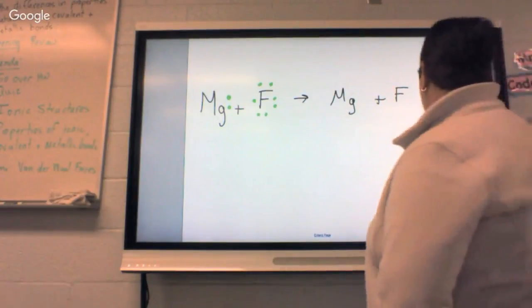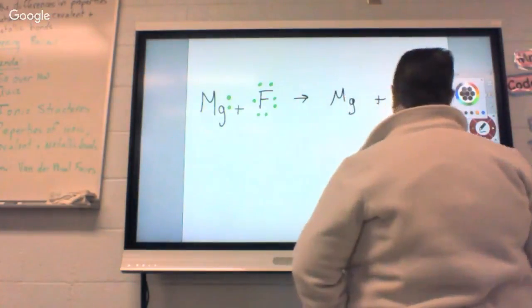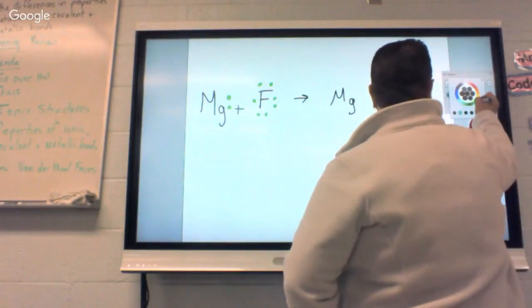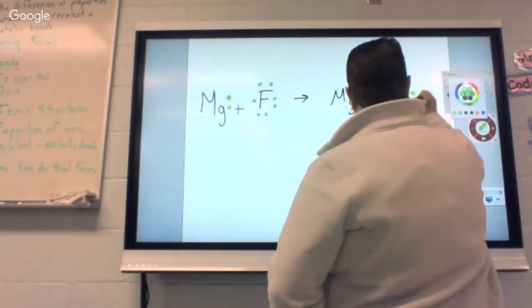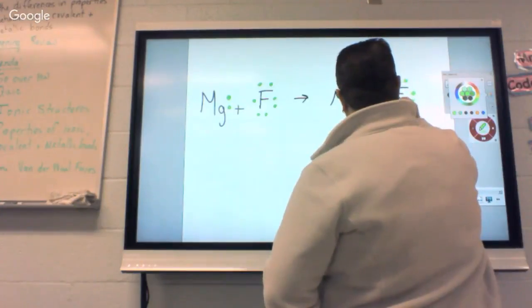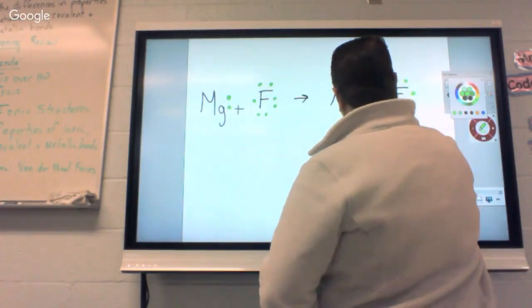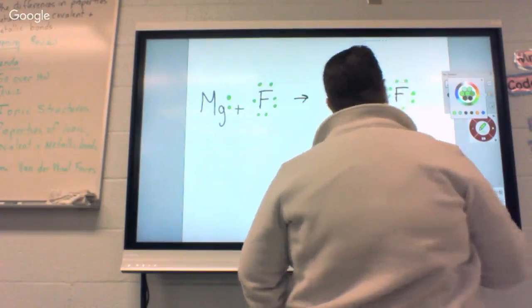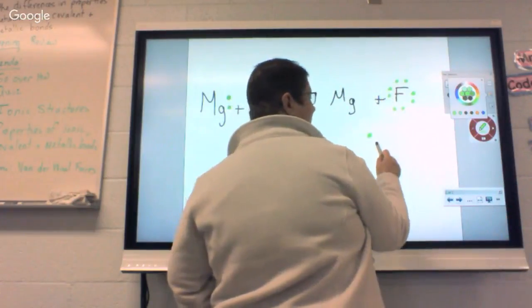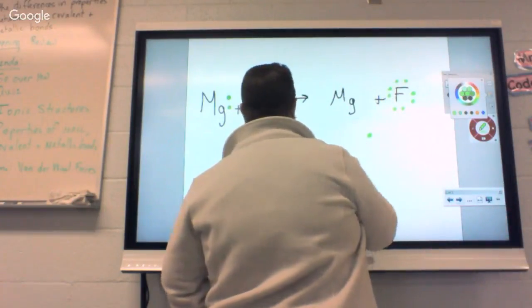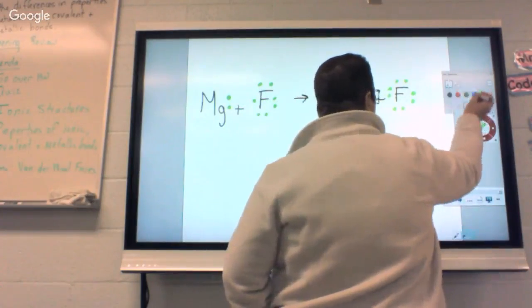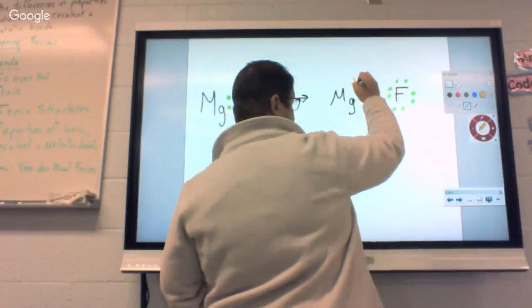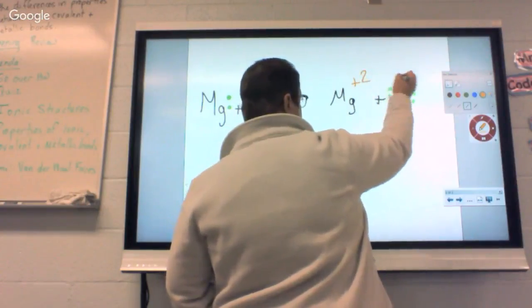Lose 2. So, where are they going? F can only take how many? So, one was there, I still got one. So what's the charge on the Mg? Plus 2. Because we lost 2.